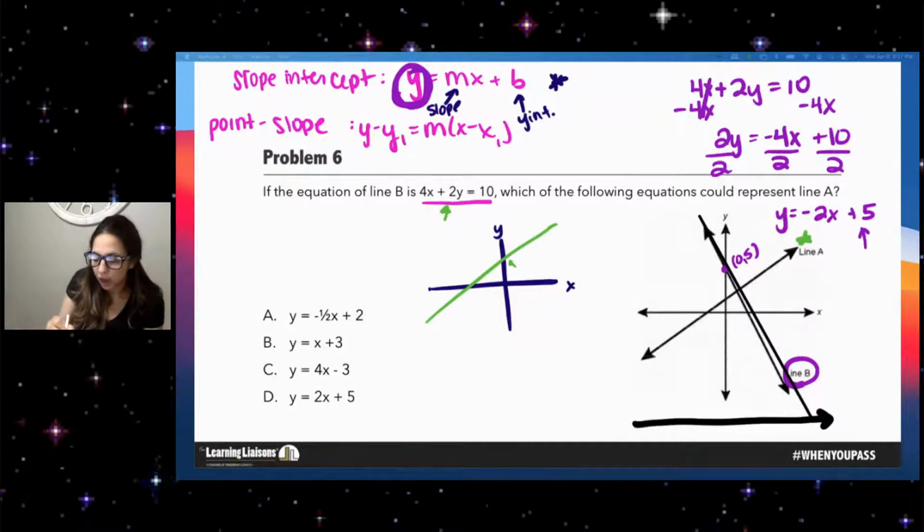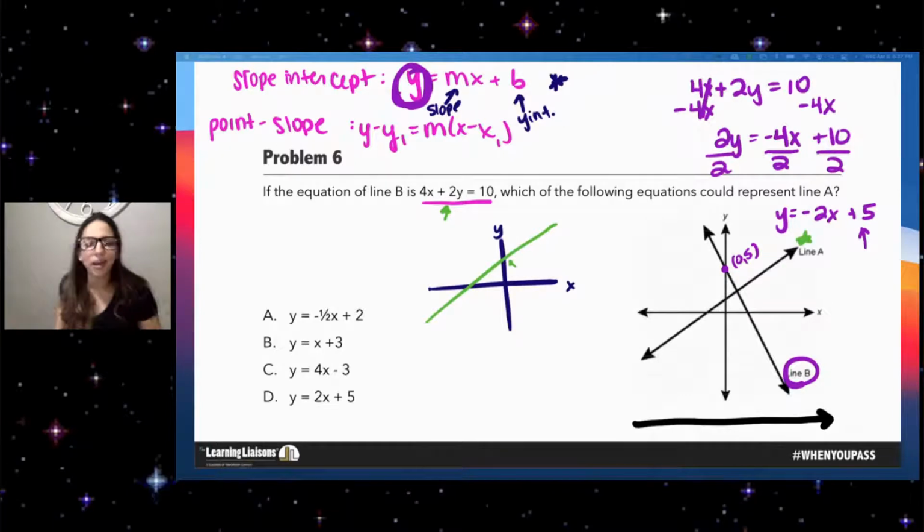When I read a graph from left to right, this is going up. So what kind of slope does line A need to have without even solving anything? A positive slope, because it's going up, because we read from left to right.